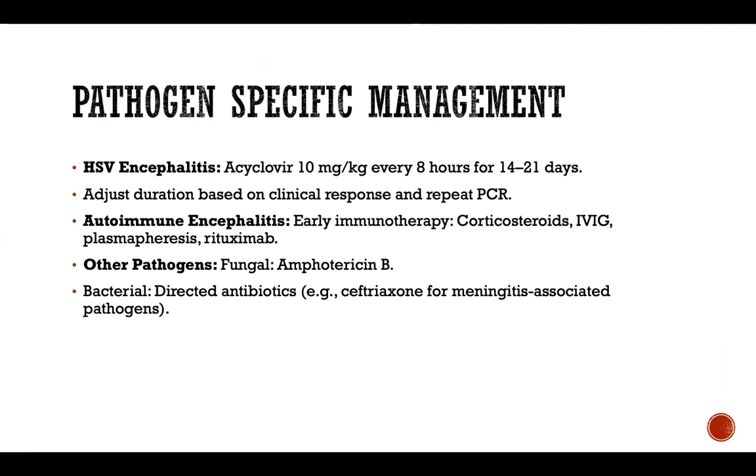So steroids, IVIG, plasmapheresis, as well as rituximab are often used. Other pathogens, so if it's fungal, amphotericin B is typically what's used. And for bacterial causes, we use directed antibiotics depending on the bacteria. For example, if there's some kind of meningitis associated pathogen, we typically use ceftriaxone.